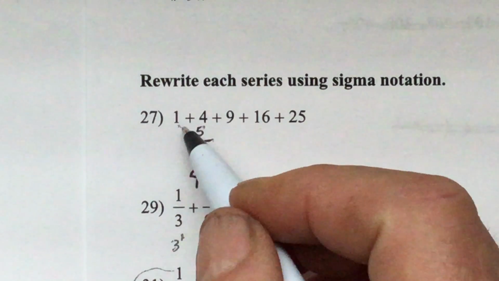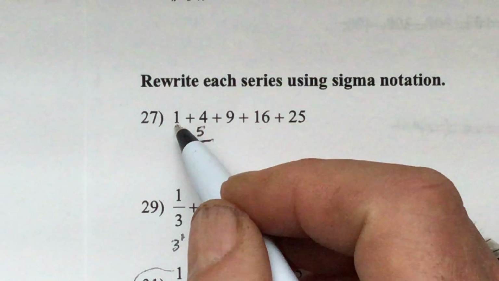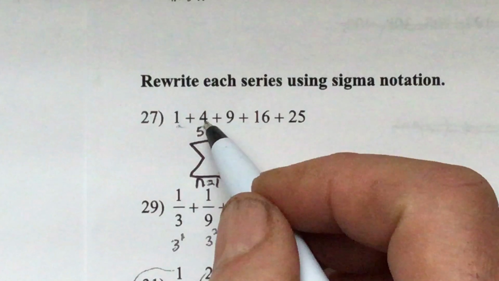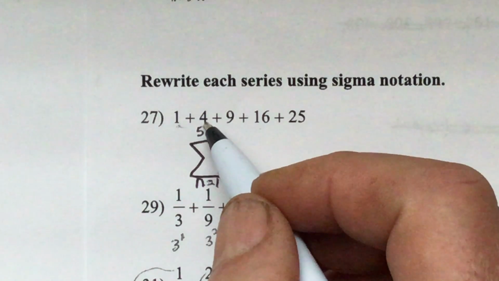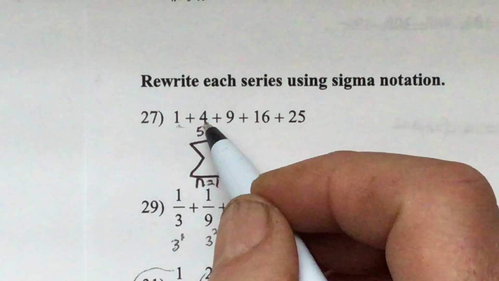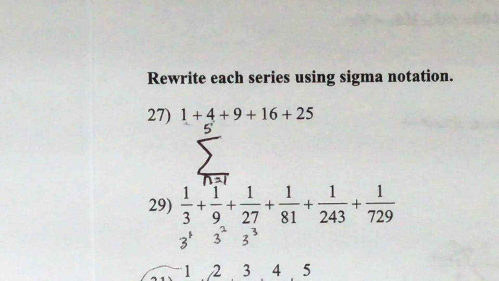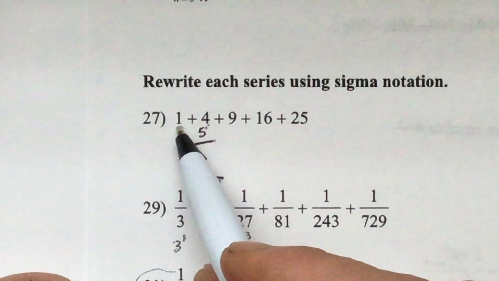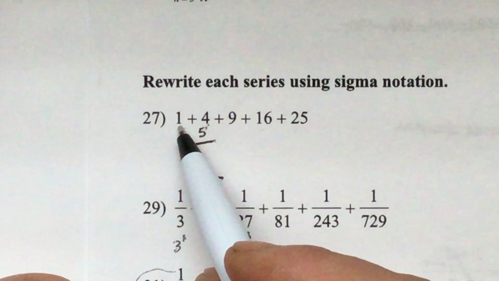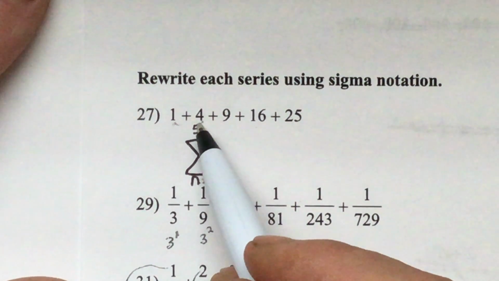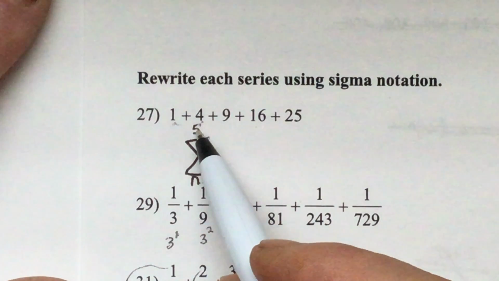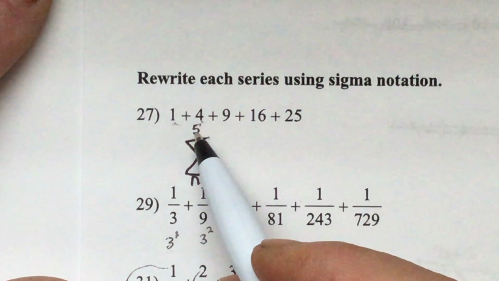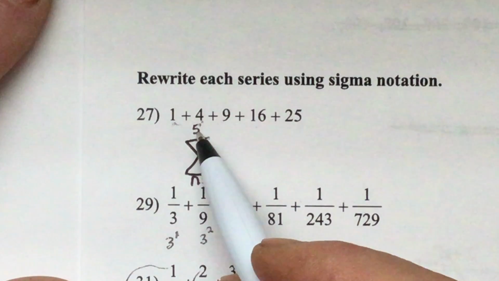Well, I know this. 1 plus 0 equals 1. But here where it's element number 2, 2 plus 0 doesn't equal 4. Probably has nothing to do with adding. 1 times 1 equals 1. But 2 times 1 doesn't equal 4. So it's not times 1 necessarily.